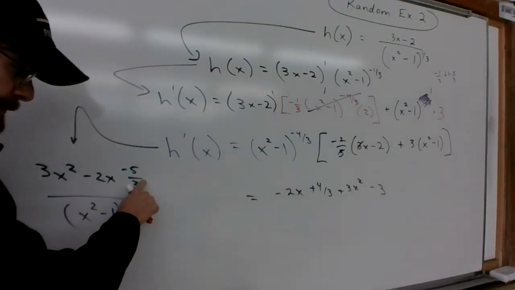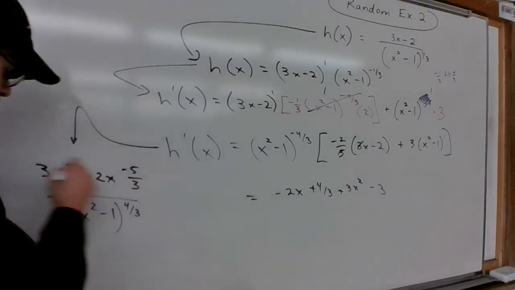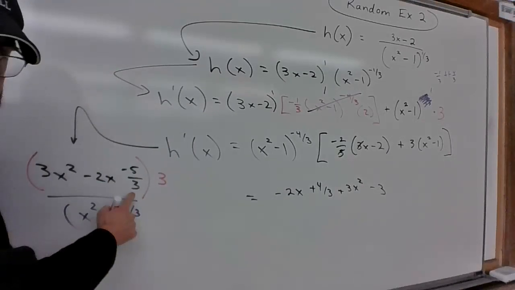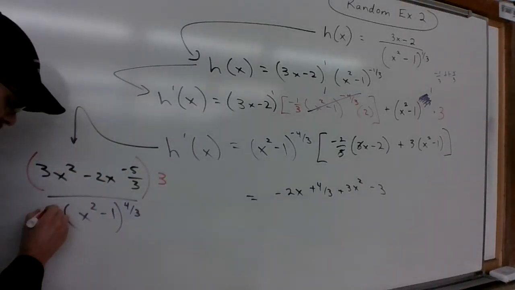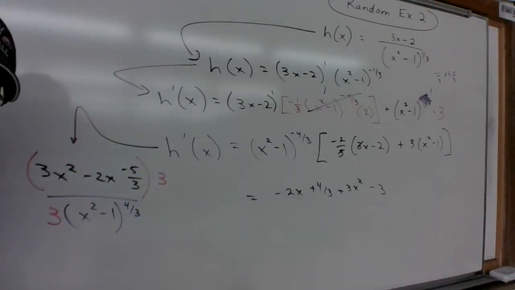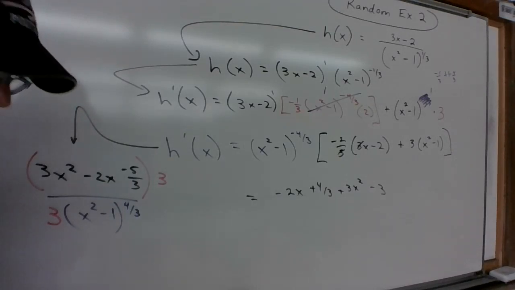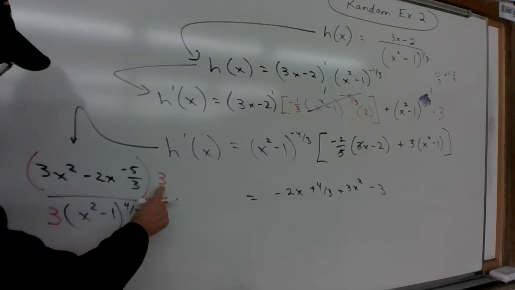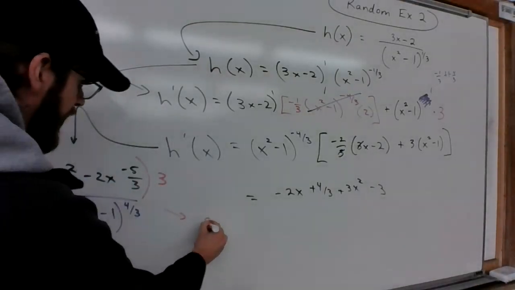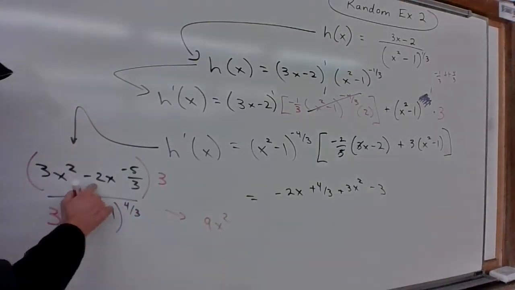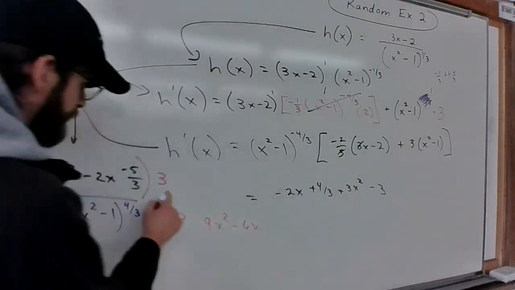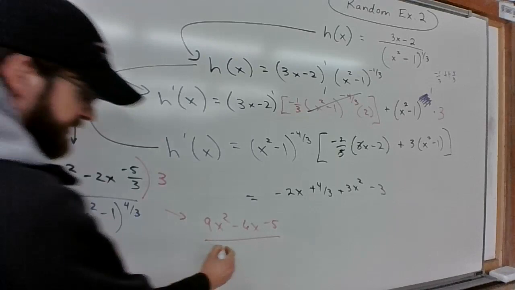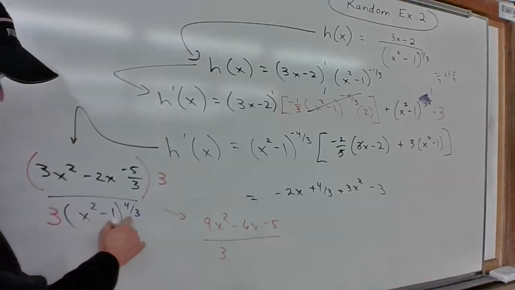So if I multiply everybody on top by 3, it gets rid of the denominator here. But I also have to multiply everybody on the bottom by 3 as well to maintain that whole fraction integrity. So that's what I'm going to do. 3 times 3x squared is 9x squared. 3 times negative 2x is negative 6x. 3 times negative 5/3 is negative 5. On the bottom, I've got that 3 still, and then it's going to be x squared minus 1 to the 4/3 power.